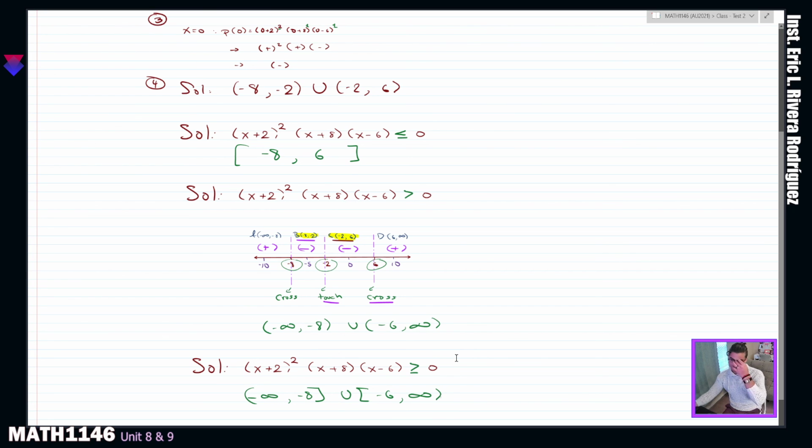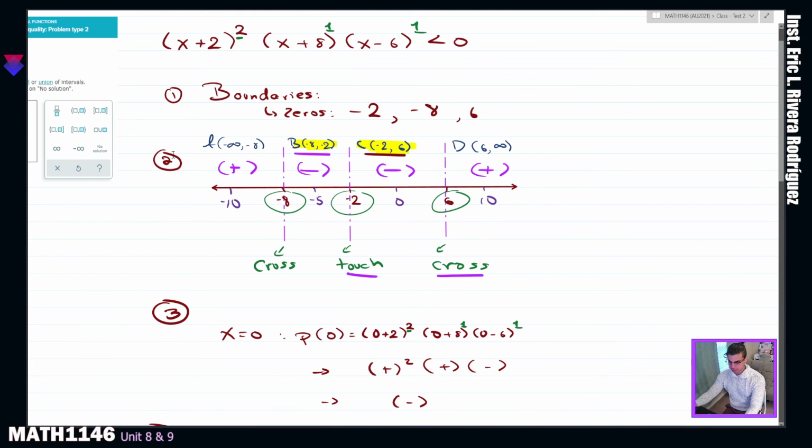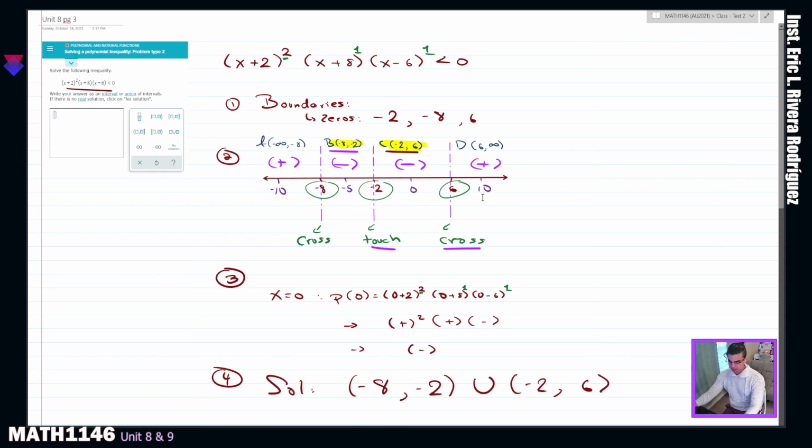Okay, careful with that. The most important part before getting to the solution is finding the boundaries, putting the number line there, and then doing the evaluation. If you know the x-intercept behavior, then you can take advantage of that. If not, you need to test for each region. Again, the written work will be these 4 steps.